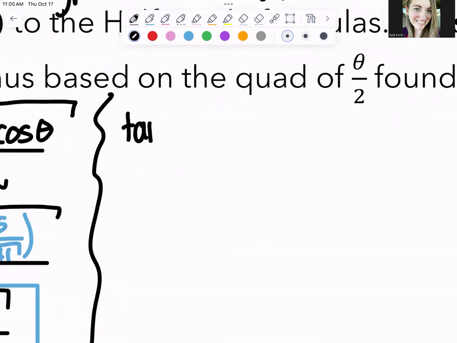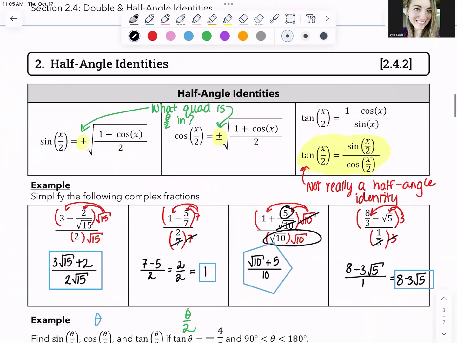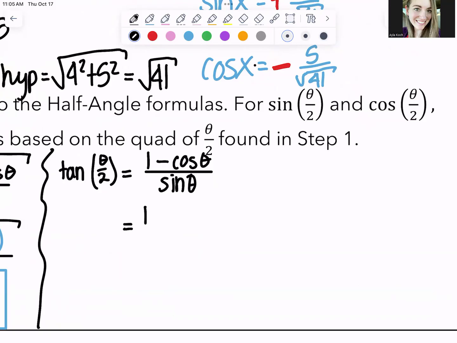All right, and then finally, tangent of theta over 2. This is the formula I don't have memorized. 1 minus cosine theta over sine theta. Cosine theta was negative 5 over square root 41.